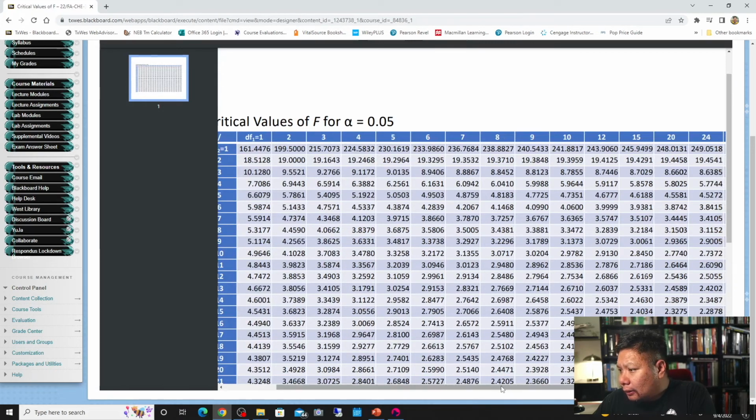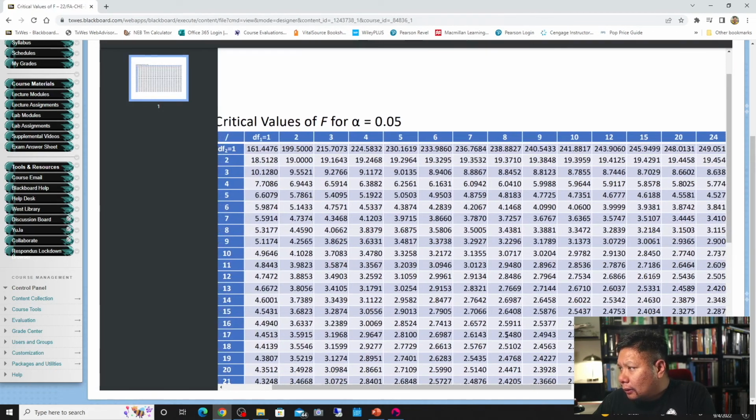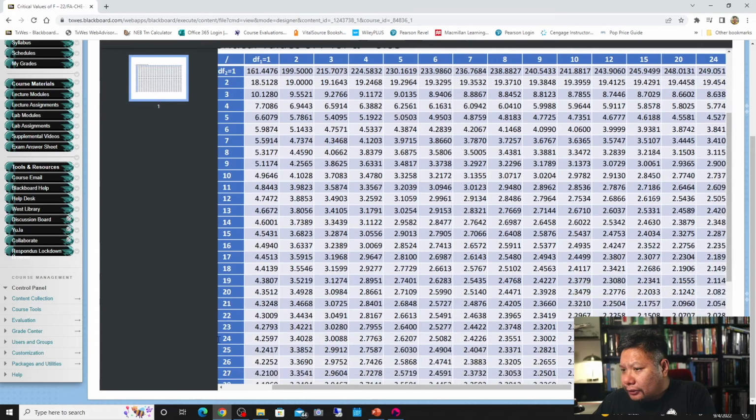And we'll scroll down to 24. So there's another 24 right there. 24 for the first data set, and then 24 for the degrees of freedom for the second data set. And our critical F value is 1.983, right?